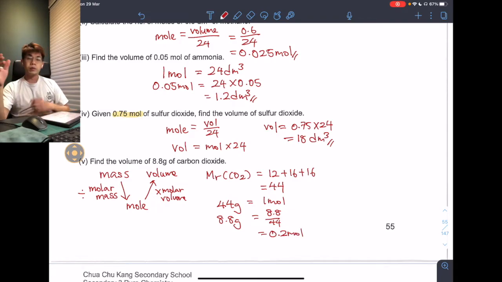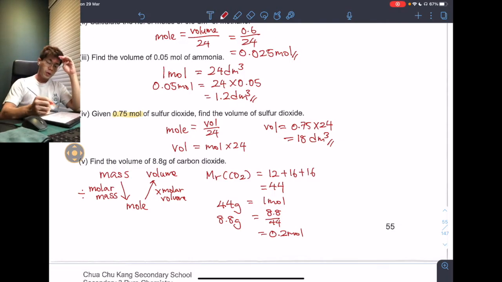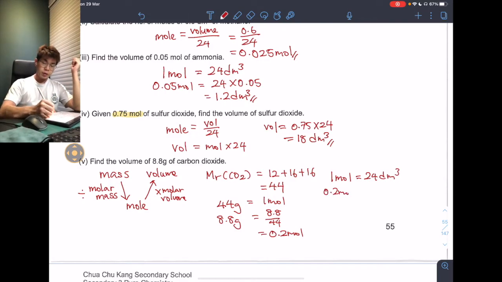So now I know that I have 0.2 moles of gas. Now to convert from 0.2 moles of gas to volume, I need to use molar volume. Molar volume tells me that 1 mole of any gas is equivalent to 24 dm cubed. Now I have 0.2 moles of gas. How many dm cubed is that? What do I need to do?